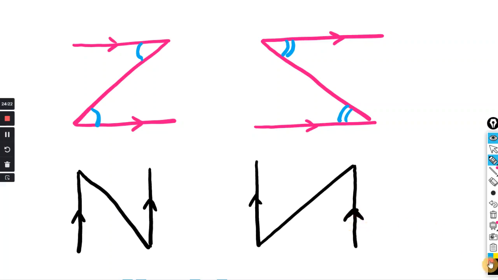The ones inside, this angle here, and this angle here, this angle right here, and this angle right here are congruent.